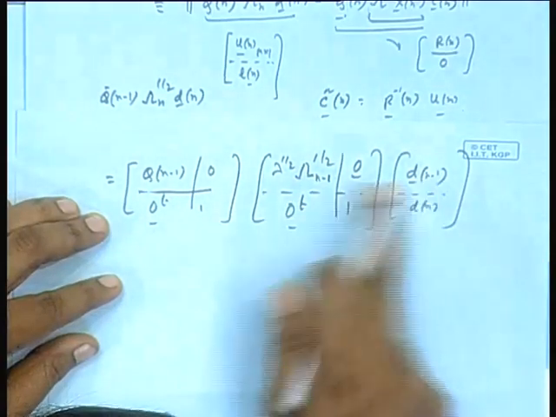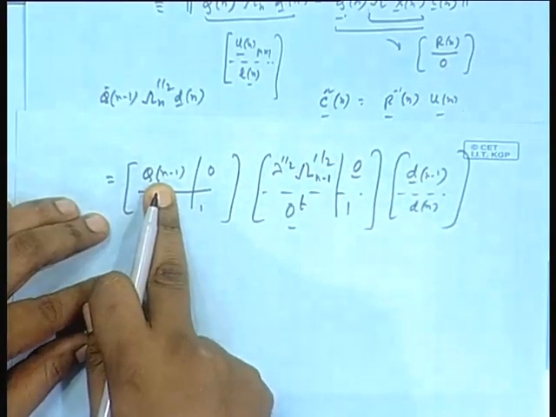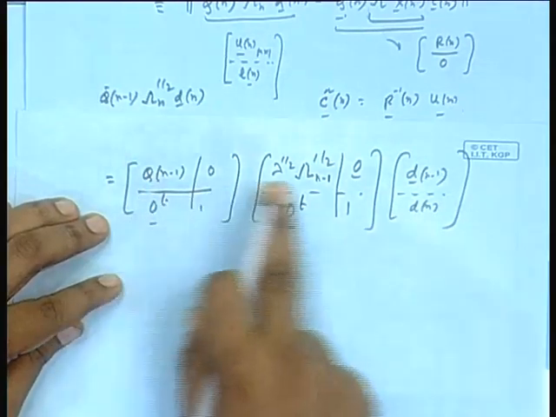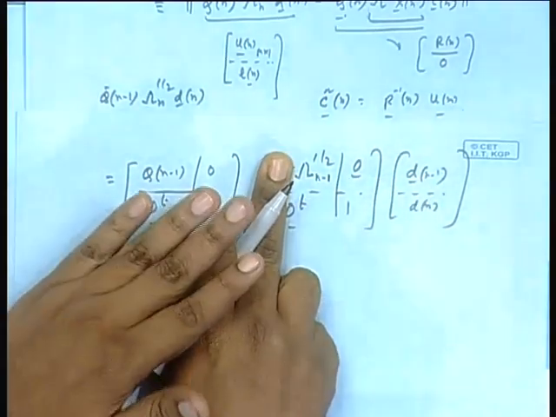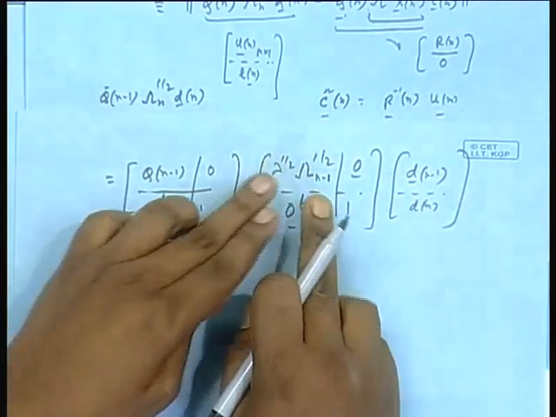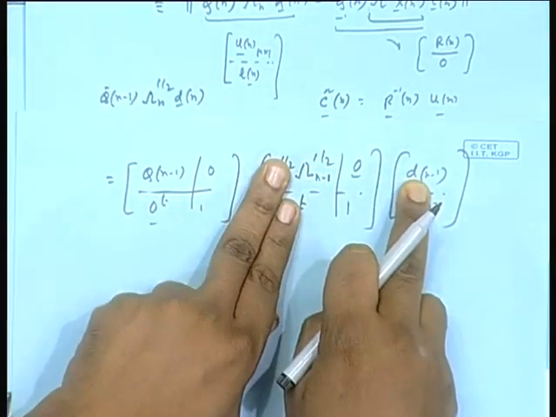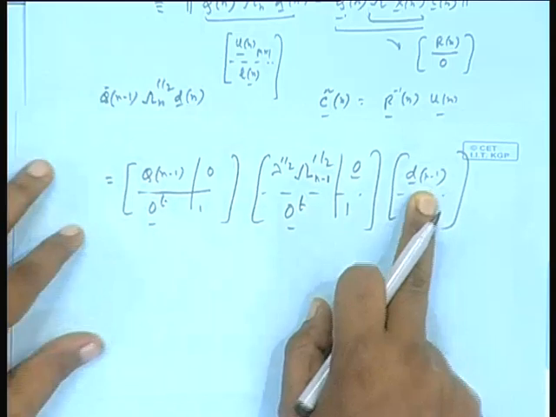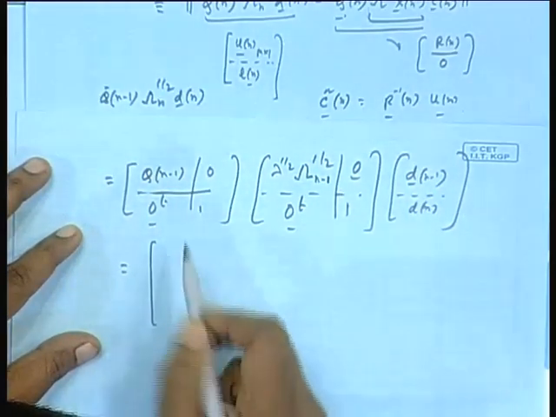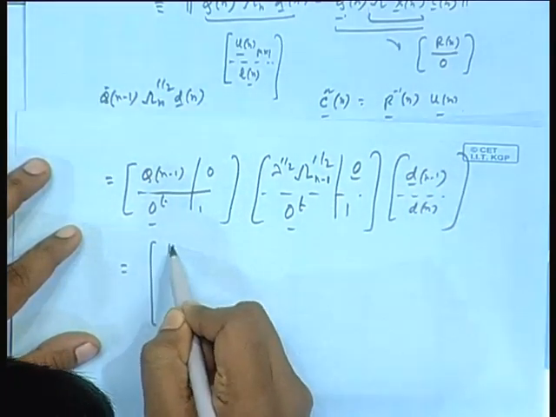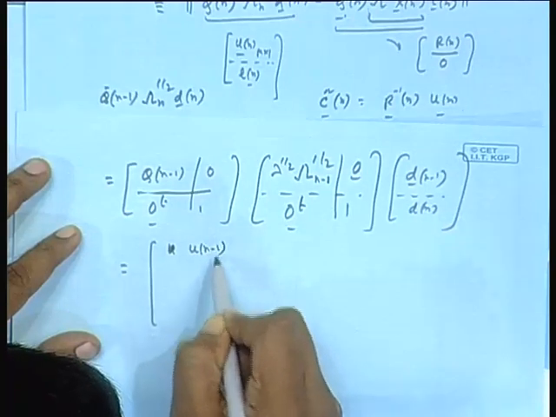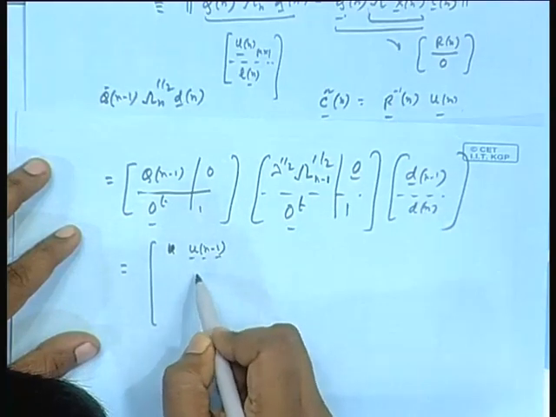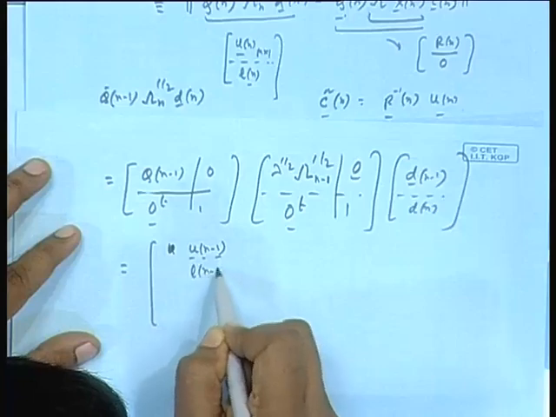So, this on that q n minus 1, this working on this, lambda to the power half is a factor you take out first. So, this guy on this and q n minus 1 on that, what will that be? That will be this vector u n minus 1 followed by L n minus 1.